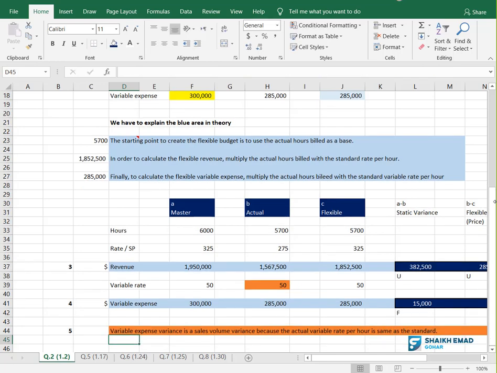Getting it? Variable expense variance is a sales volume variance. Why? Because rate is same. There is no change in the rate. That's why it is relating to volume. Getting it? Or not? Please write yes in the chat box if you got the point.